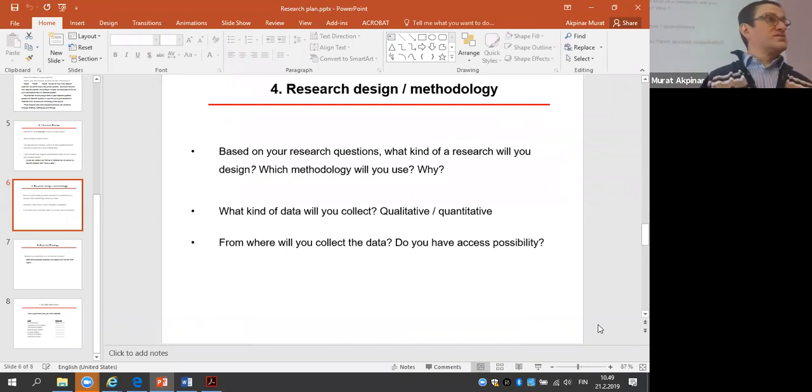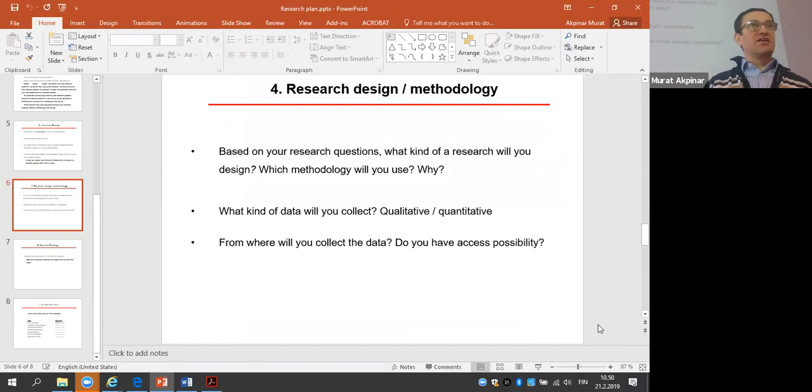Can you access? So if you are doing a research about Bangladesh, can you access the data from Finland? So is it realistic? So what we are looking for here is your plan, research plan about how you will do the empirical study. Is it realistic? You know, if you tell me that you are going to do an empirical study about Latin American companies in Argentina versus Brazil, I will ask you, how realistic is it?